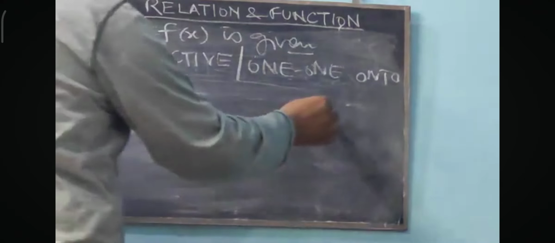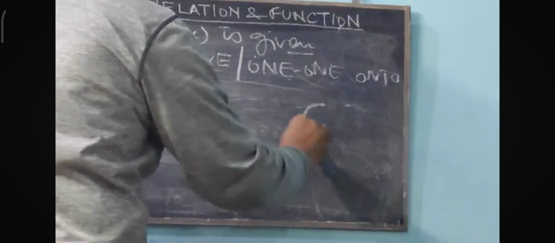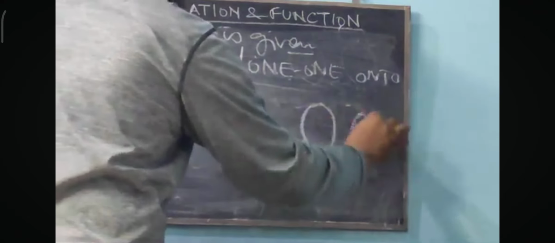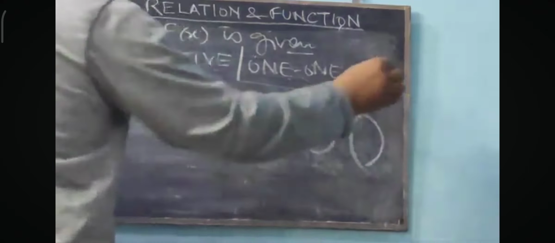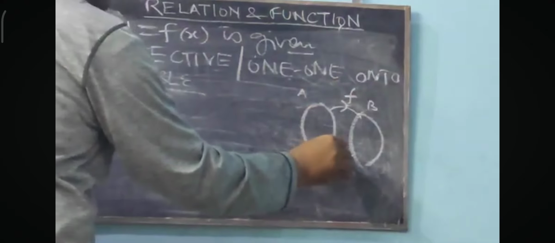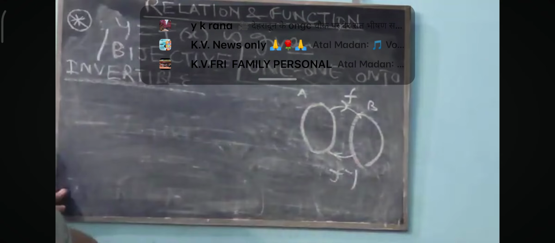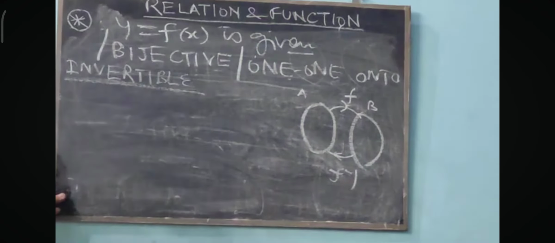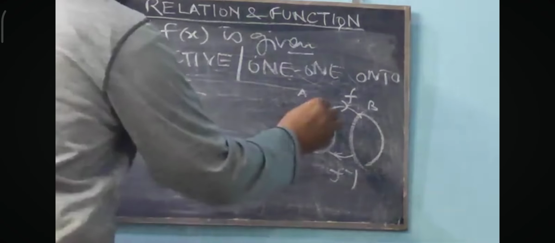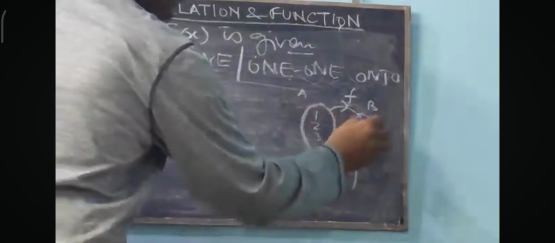And inverse we have just discussed in the previous point. This function is our f, that is from A to B, and if we take it from B to A, f inverse exists. Now say 1, 2, 3 and 4, 5, 6.